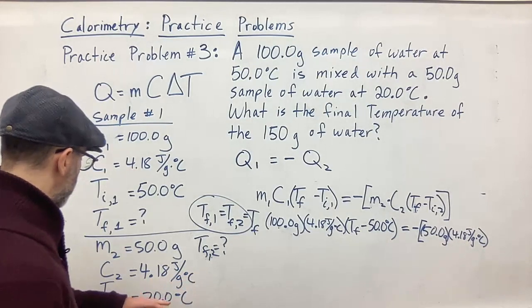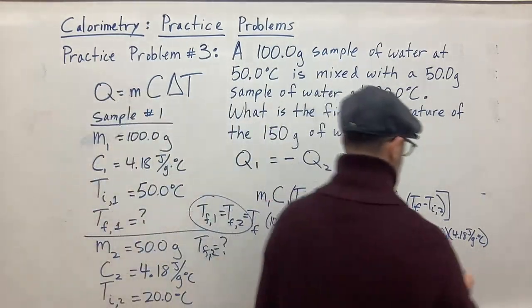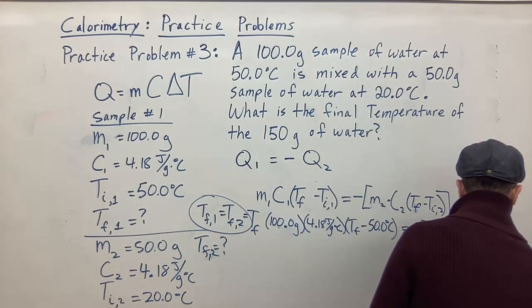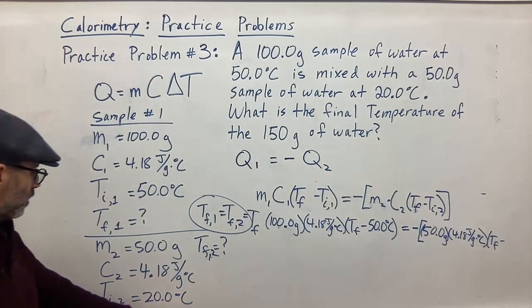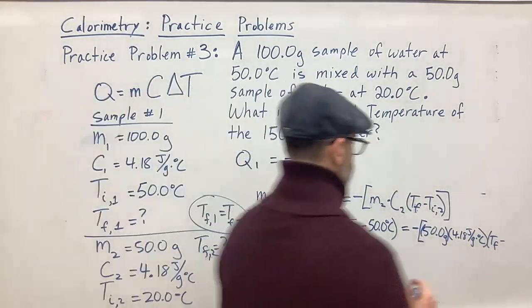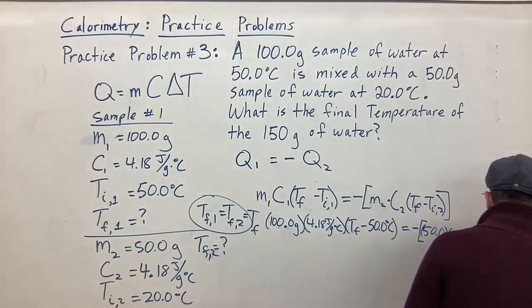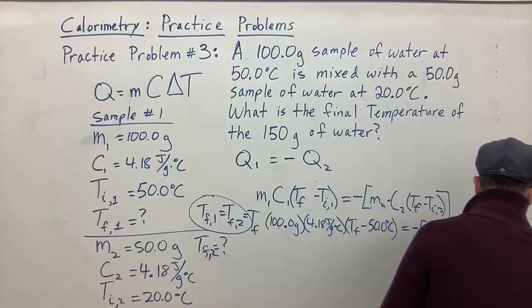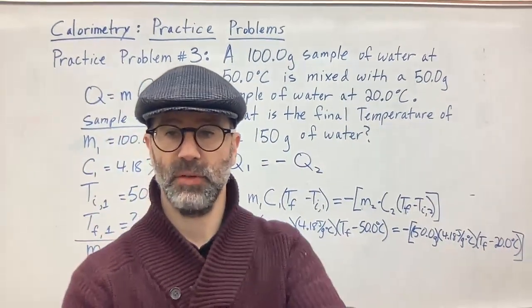And then we have our final temperature again, which we don't know. So that's TF minus the initial temperature, which is 20.0 degrees Celsius.